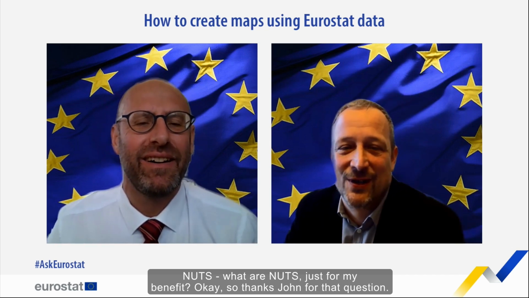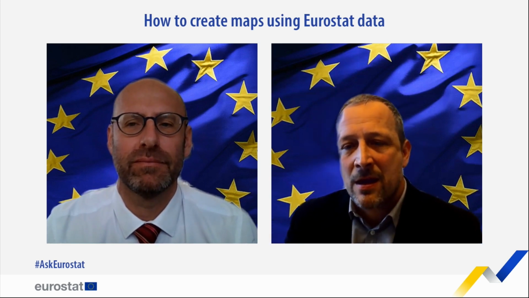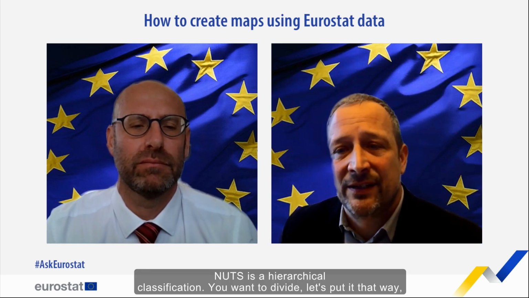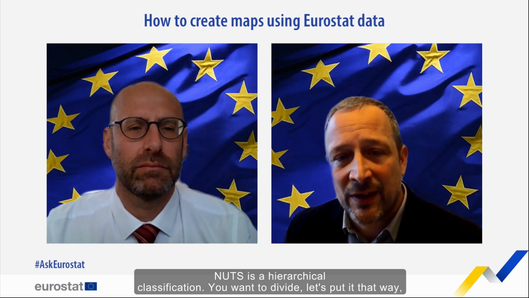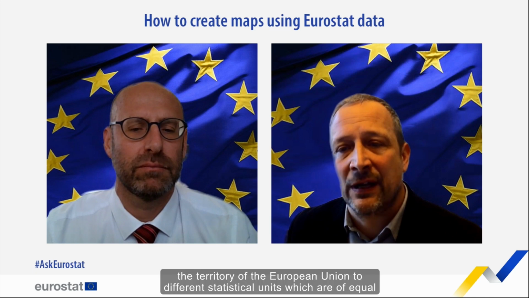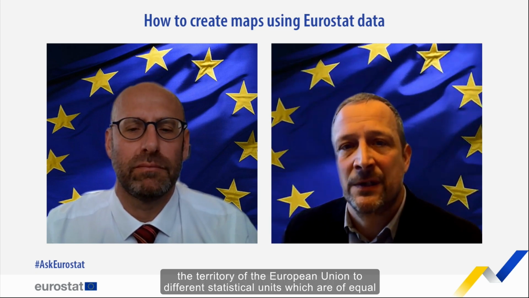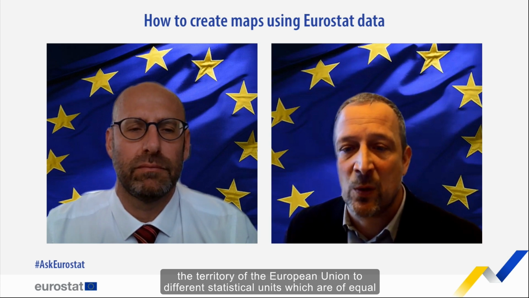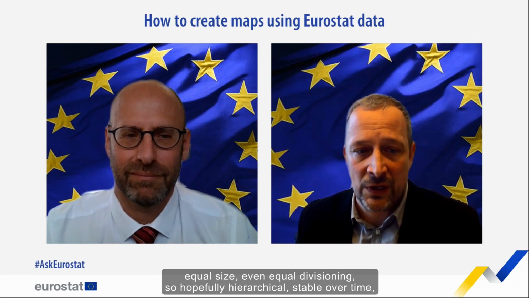Okay, so thanks, John, for that question. NUTS is a hierarchical classification. You want to divide, let's put it that way, the territory of the European Union into different statistical units, which are of equal size, even equal divisioning.